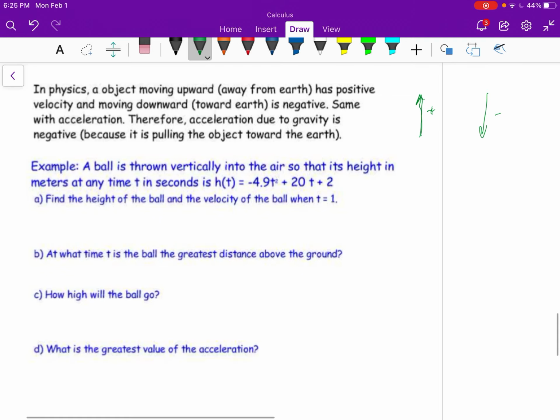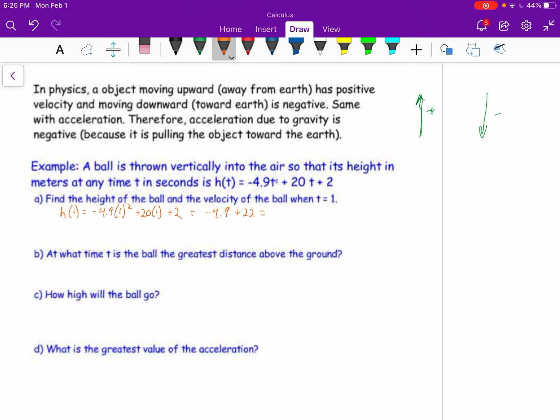Well, to find the height of the ball, you just plug it into the height function. So h of 1 is going to be negative 4.9 times 1 squared plus 20 times 1 plus 2. Well, this is going to be negative 4.9 plus 22.